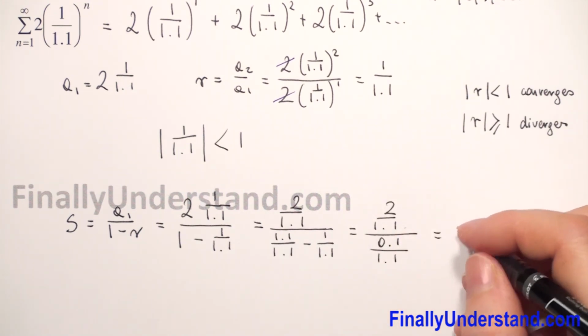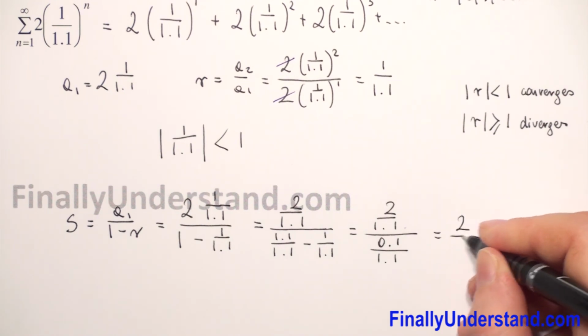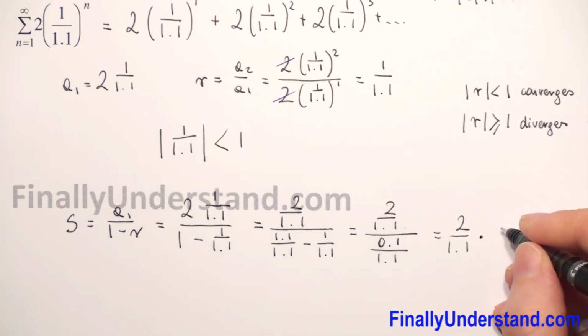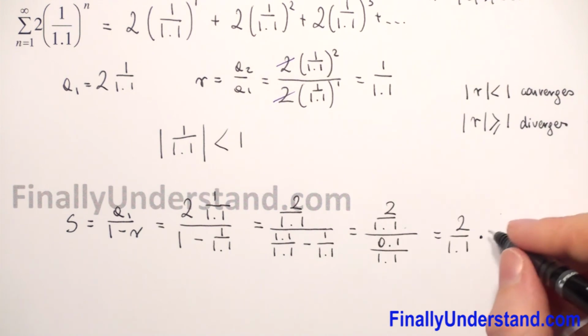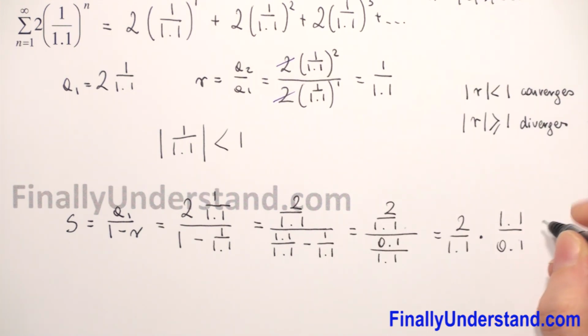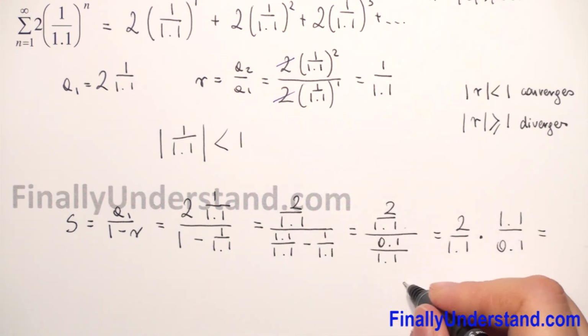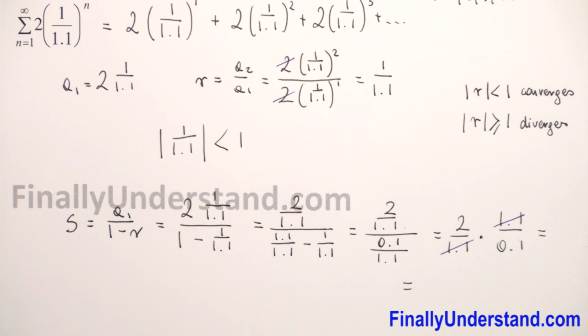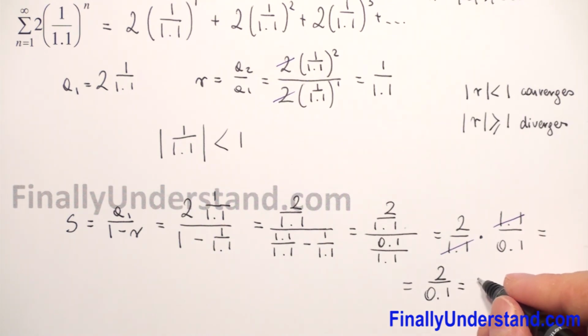Division we change to multiplication, so we have 2 over 1.1 times, and we flip the fraction, so it will be 1.1 over 0.1. So we can reduce, and we have 2 over 0.1, which is 1 over 10, so this is equal to 20.